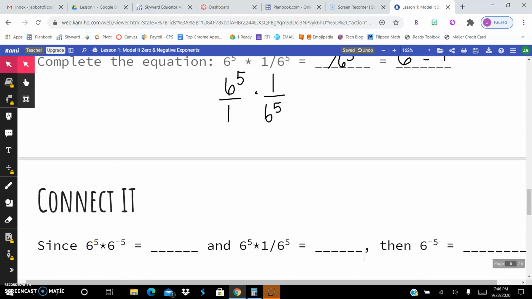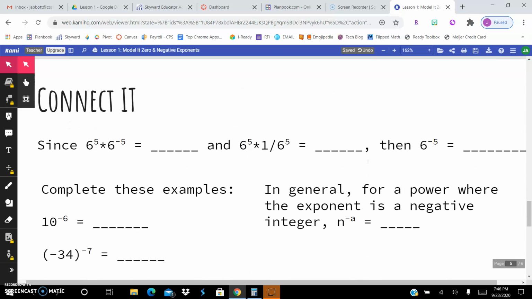Okay, this looks very similar to what we did up there, but now we have a negative exponent. 6 to the 5th times 6 to the negative 5th, so we keep the base, add the exponents. 5 plus negative 5 is equal to 0. So that is equal to 1.